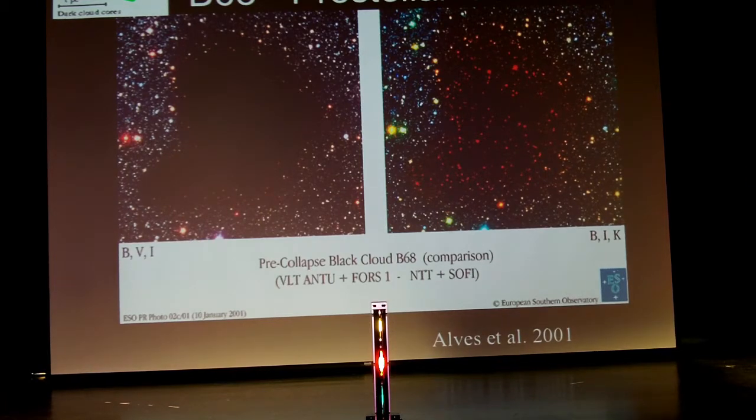And maybe that's because of motions of material inside the cloud. Maybe it's because it crashed into another cloud and compressed parts of it. We don't really know all the details, but this is the state that we think star-forming clouds are in just before they begin to form stars, just before gravity starts to take over and accumulate lots and lots of material.